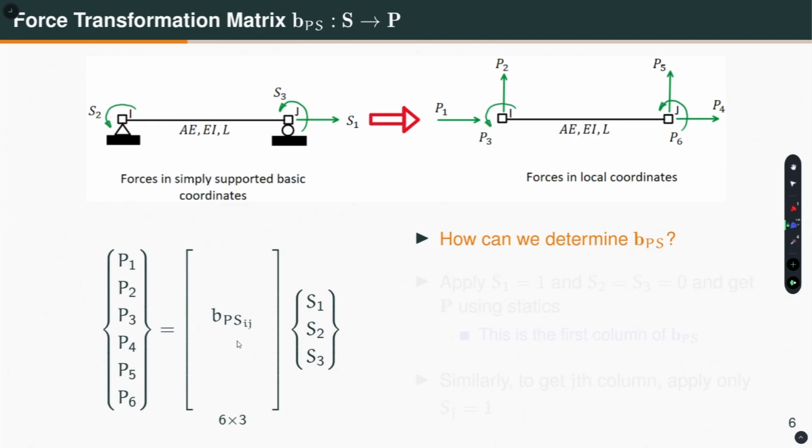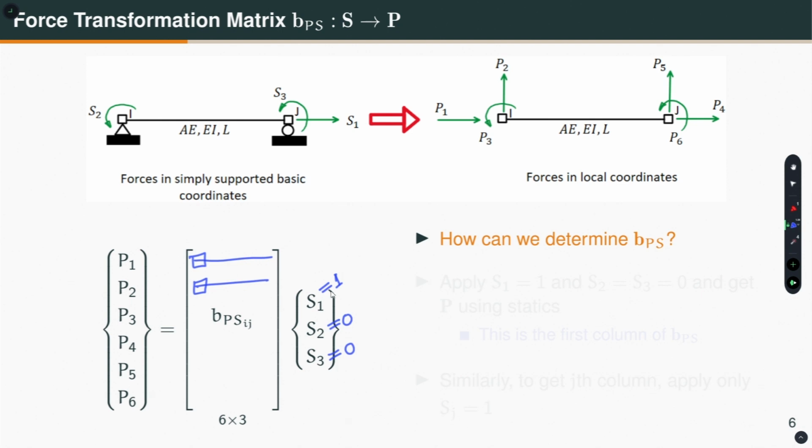Let us say I apply S1 equal to 1, S2 equal to 0 and S3 equal to 0, and I do this matrix vector multiplication. If I do first row into first column, that gives me this entry into S1, all others are 0 because they are getting multiplied by 0. Then second row multiplied by this vector gives only this entry because the other two are multiplied by 0.